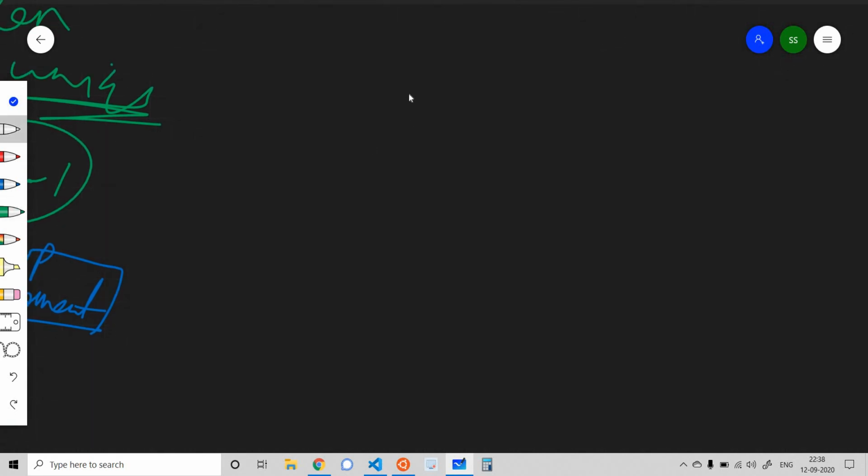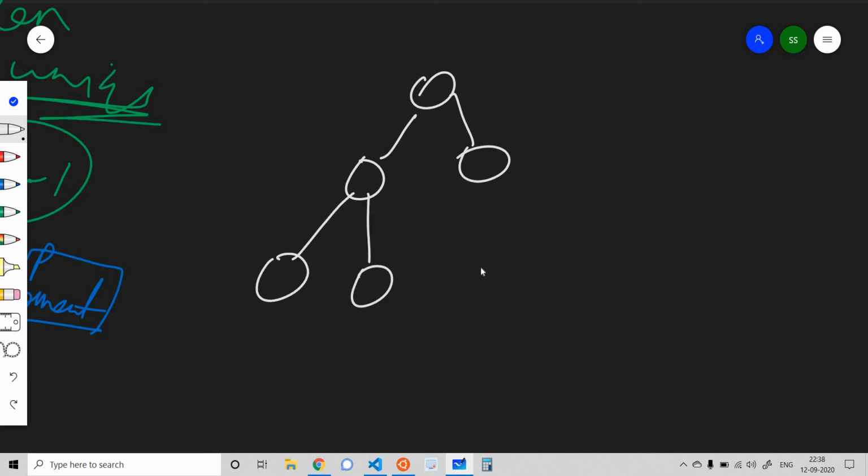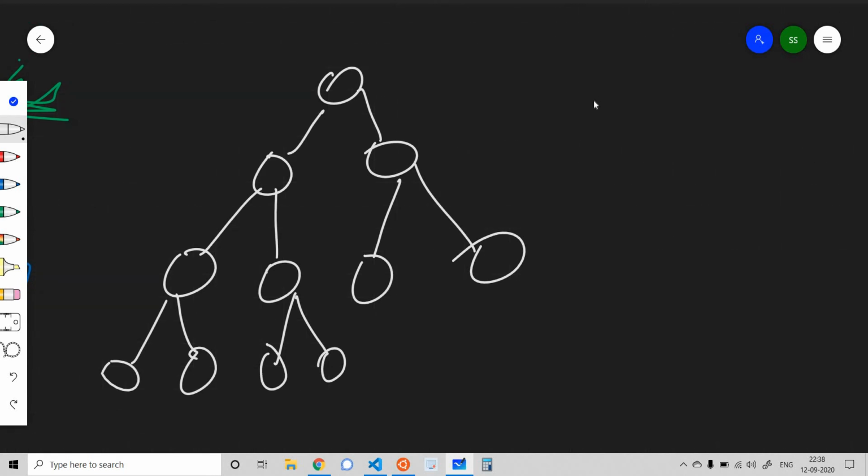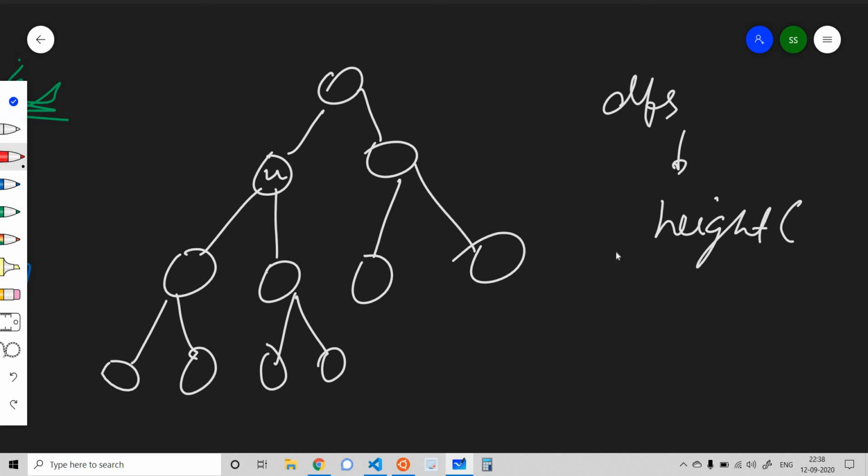Now let's see what I have done to find out which nodes are our centroid. I performed a DFS function, and in that DFS I found out the height of all the nodes. Suppose this height of u will represent the height of the subtree rooted at u.